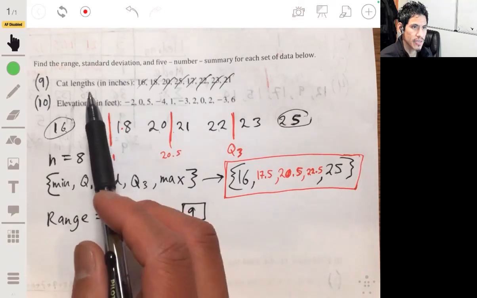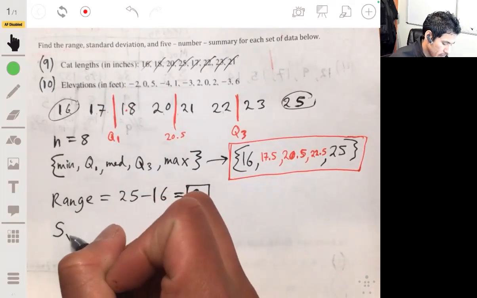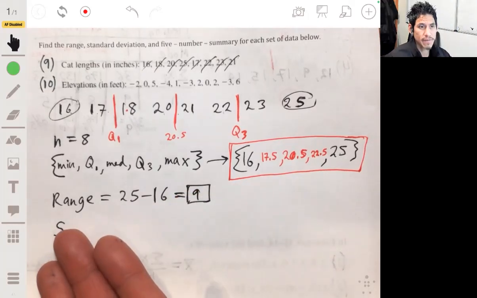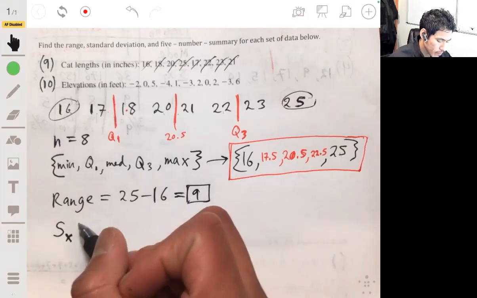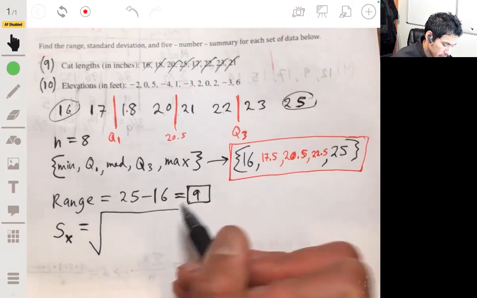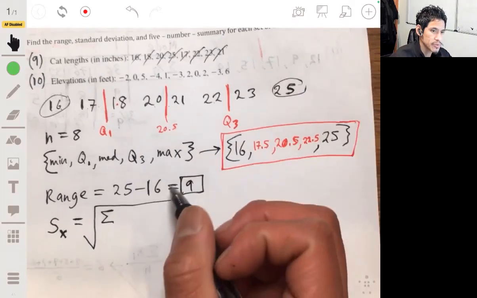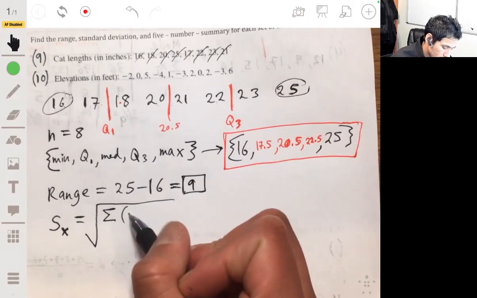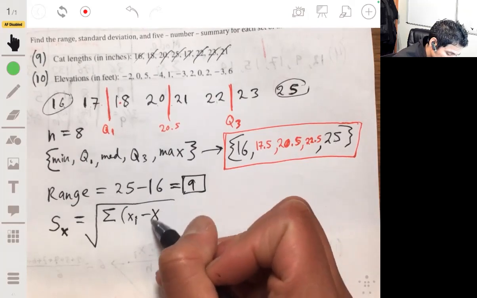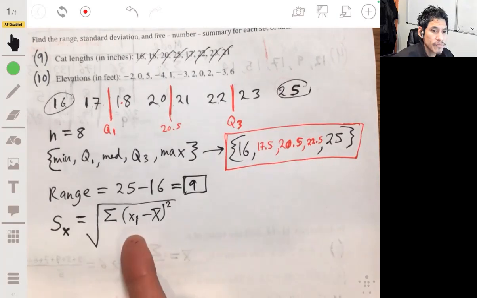And now let's get to the fun standard deviation. The standard deviation is a great, powerful and popular measure of spread. For samples, we typically use a lowercase s, and that's equal to the square root of the sum of the squared deviations, so the sum of the squared differences of the values from the mean.